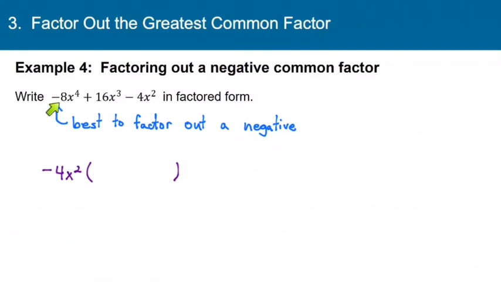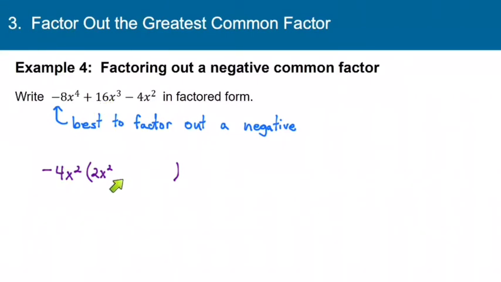So the term we're trying to build is negative 8x to the fourth, and our GCF is negative 4x to the second. So negative 4 times positive 2 would make that negative 8, and x squared times x squared would make that x to the fourth. Now for this second term, we say, what do we have to multiply by negative 4x squared to get positive 16x to the third?